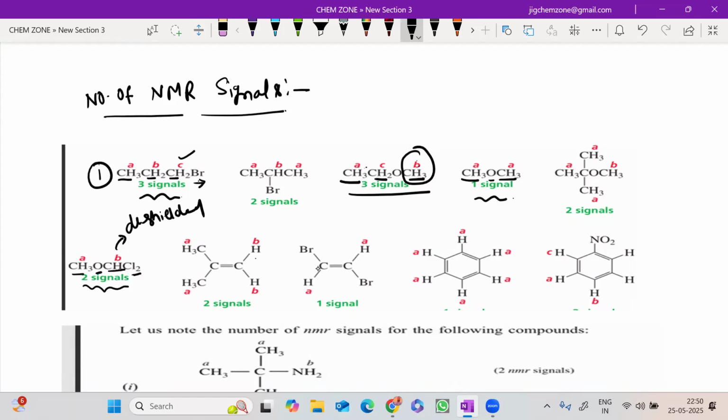Now if you see these two protons, they are magnetically equivalent. You can see their surrounding atoms. Normally we should discuss the enantiotopic and diastereotopic hydrogens, but let's not discuss that now, the topic will become a bit different.